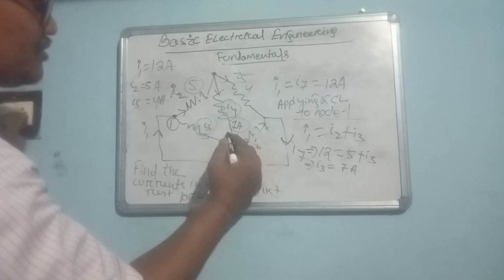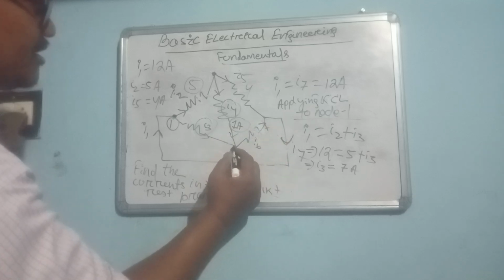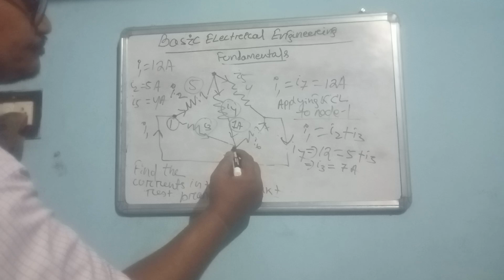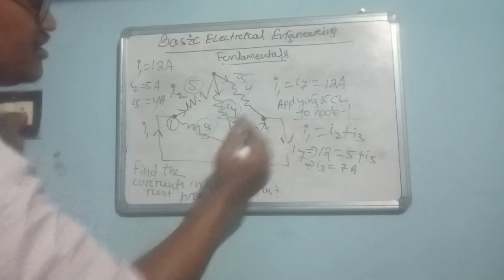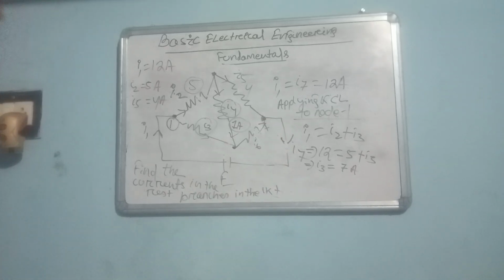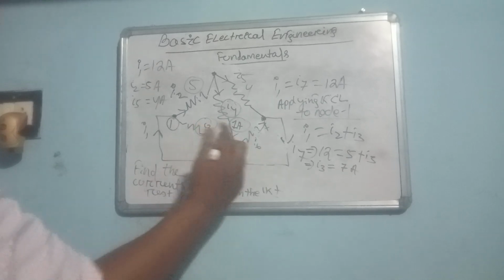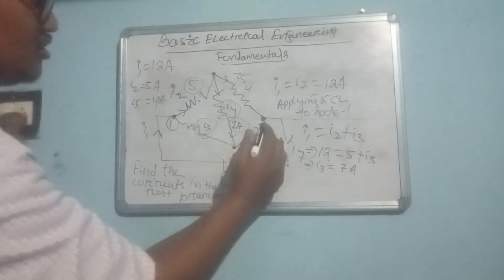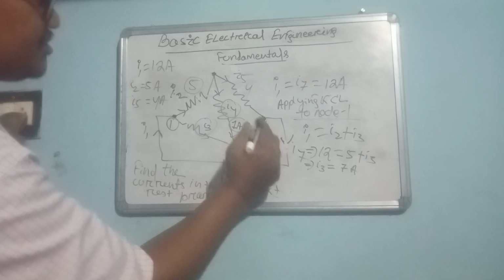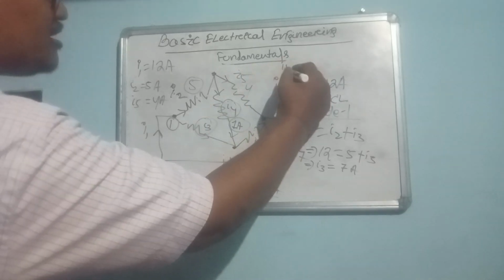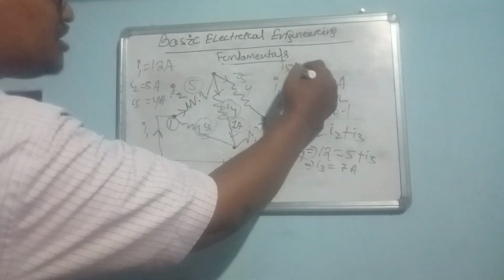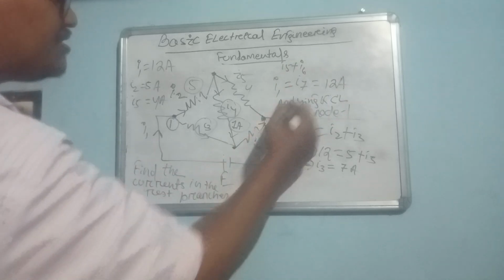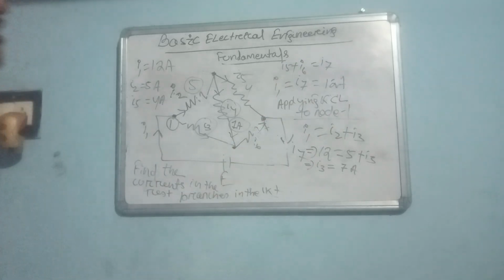If we apply KCL here, I5 and I6 are the incoming currents, and I7 is the outgoing current.